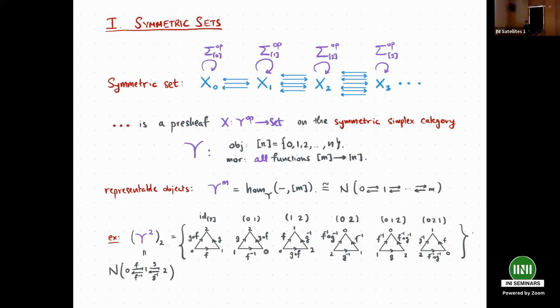At any rate, it's interesting what the representable objects are. The standard symmetric m-simplex. So those are functions from the n-simplices to bracket m, and this can be identified with the nerve of the chaotic groupoid on m.